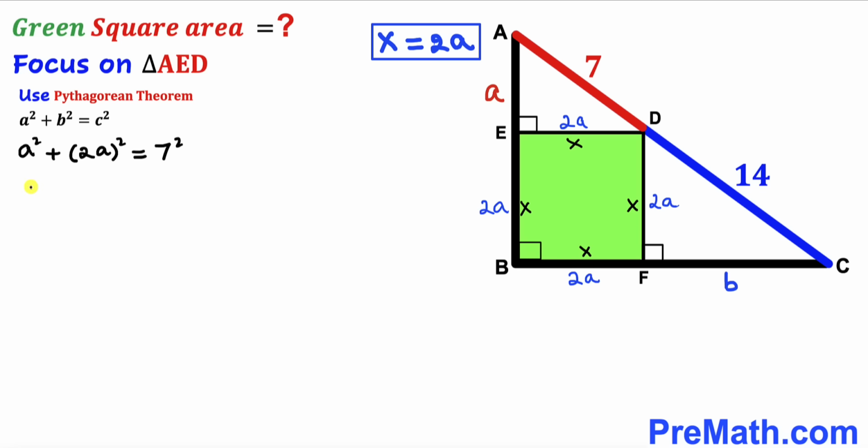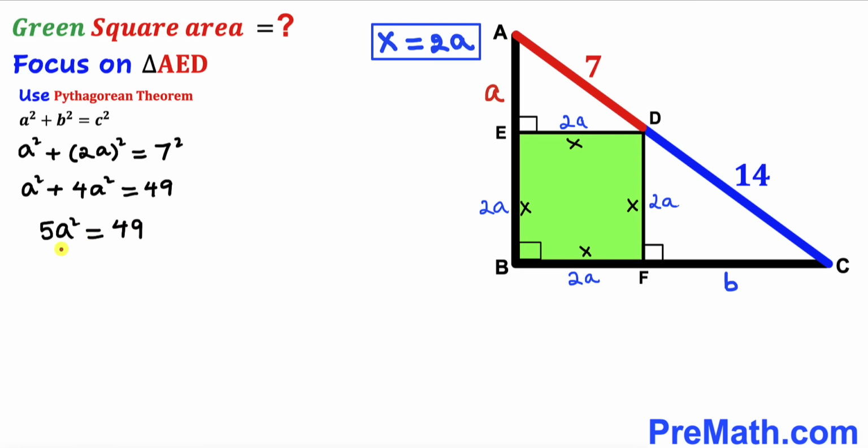Let's simplify. We get a squared plus 4 times a squared equals 49. Let's combine the like terms. On the left hand side we get 5 times a squared, which equals 49.